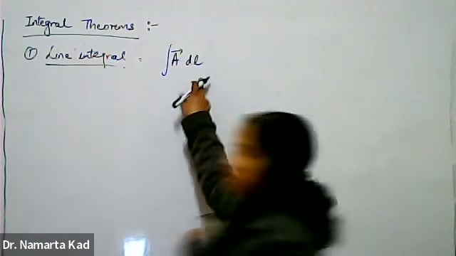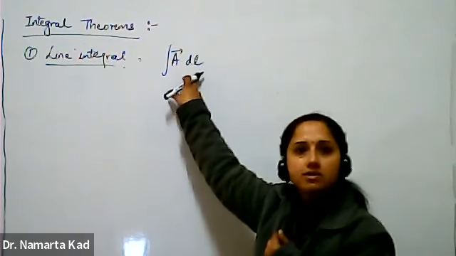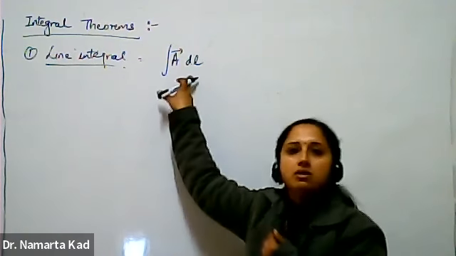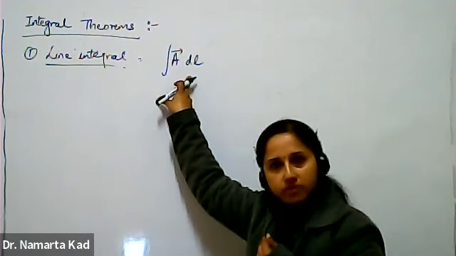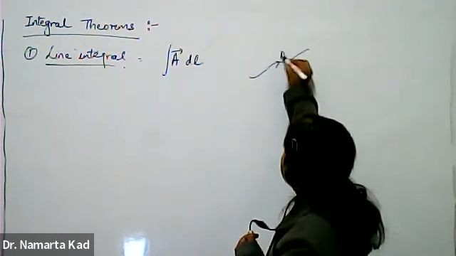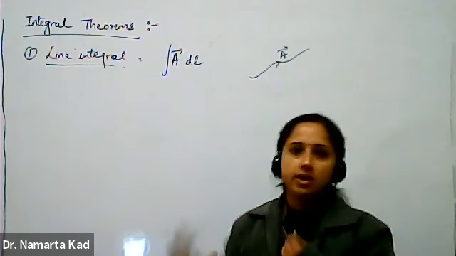Here the notation used for a line is dl, the integral taken over any simple line or any curve. If a vector is there on a line and the integral is taken over that line, we can call it the line integral.